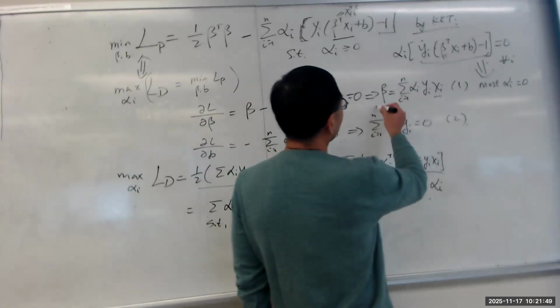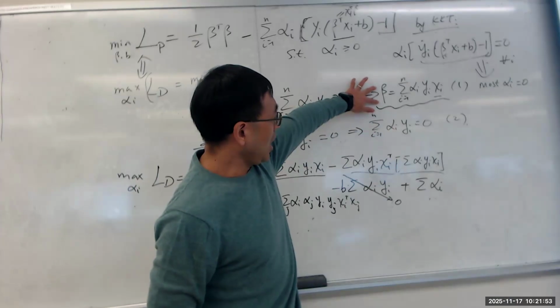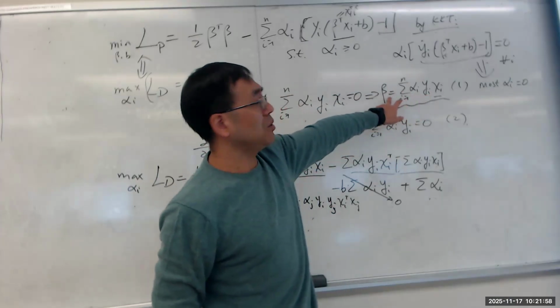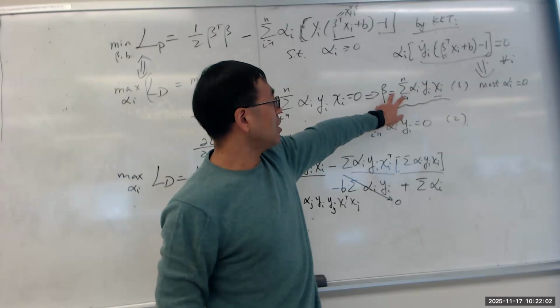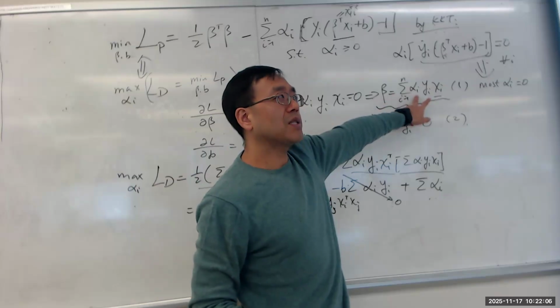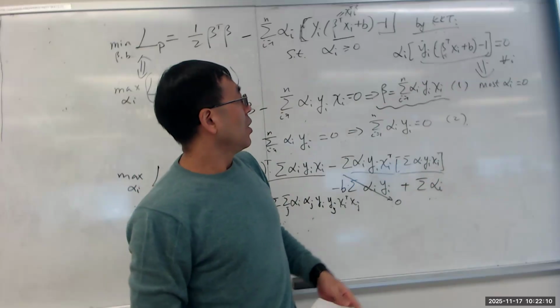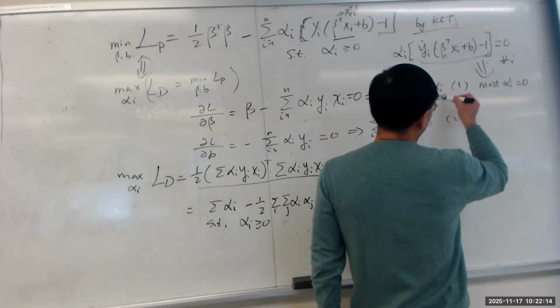If you look at equation 1, if alpha_i equals 0, that point does not contribute to beta. So the only points defining beta are those with alpha_i not equal to 0. This is where the support vectors come into play.